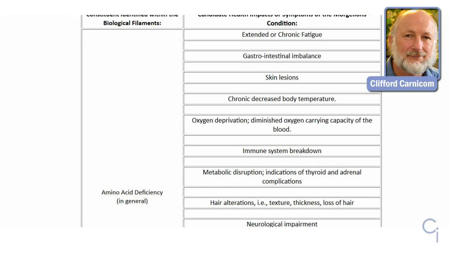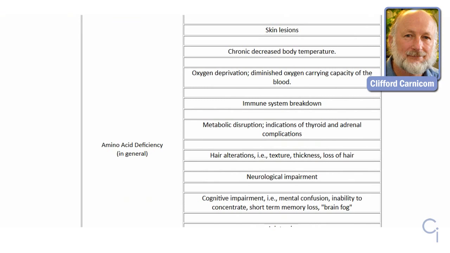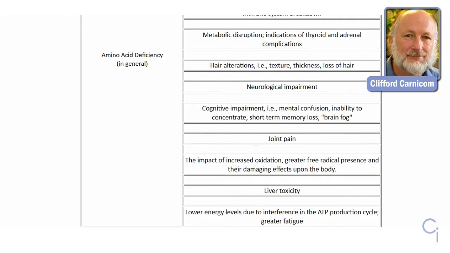gastrointestinal imbalance, skin lesions. Interesting, right, that you see things involving skin with consideration of that alone. Chronic decreased body temperature, oxygen deprivation, immune system breakdown, you start to see overlaps. Metabolic disruption, hair alterations, neurological impairment, cognitive impairment, joint pain, oxidation, free radicals, liver toxicity, lower energy levels.